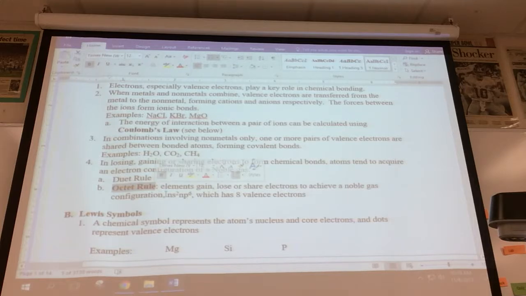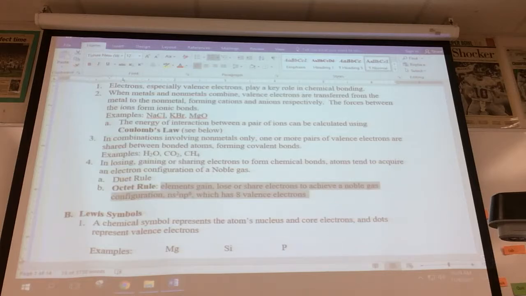And the octet rule states that elements will gain, lose, or share electrons to achieve this noble gas configuration ending in np2, np6, in which you have 8 valence electrons. Not all elements form an octet. For example, hydrogen just forms a duet. So 2 valence electrons when it is in a compound in a shared situation.